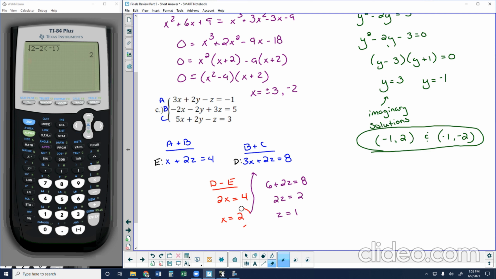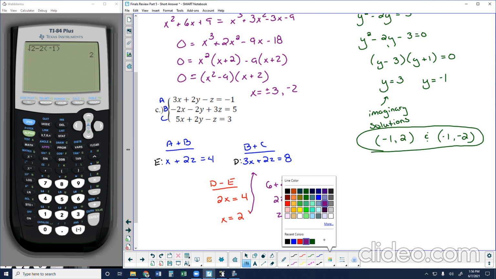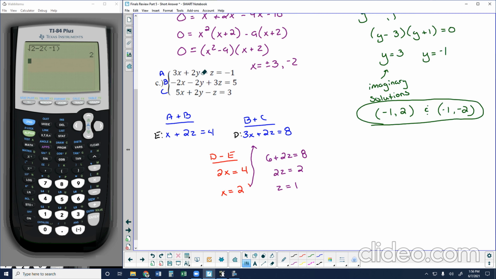So there's another portion of my solution. Now I can take both of these answers, z and x, and let's substitute back into one of the equations from the original problem to be able to solve for y. Let's just use equation A. Equation A would now become 3x, so 6, plus 2y, minus z, and z is 1, so minus 1, equal to negative 1.